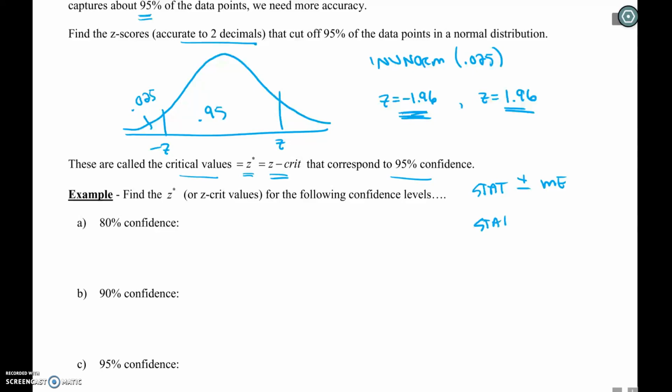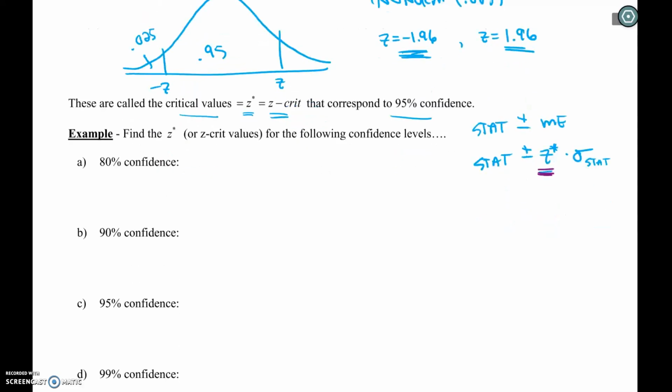That is our statistic plus or minus our critical value times the standard deviation of our statistic. So we're trying to find out how to calculate these z-crits. Instead of 2, maybe 1.96 or some different values.